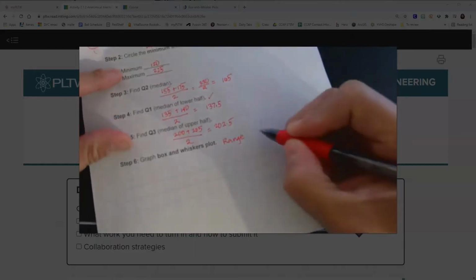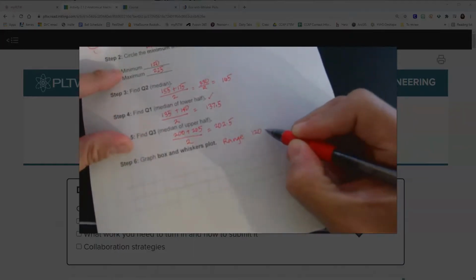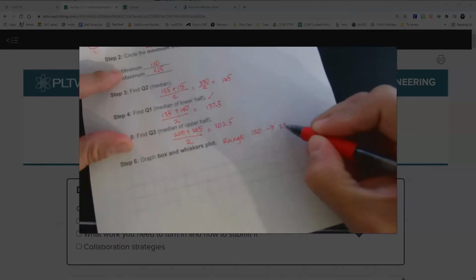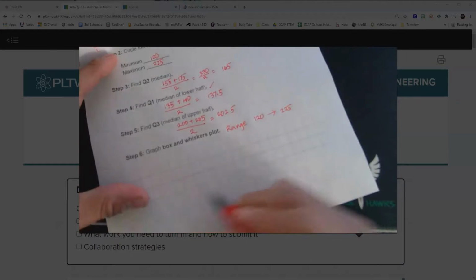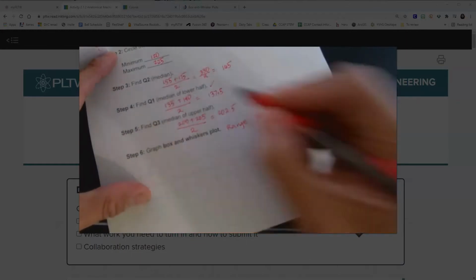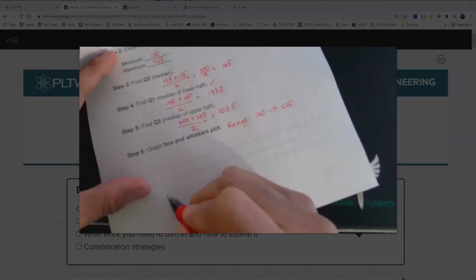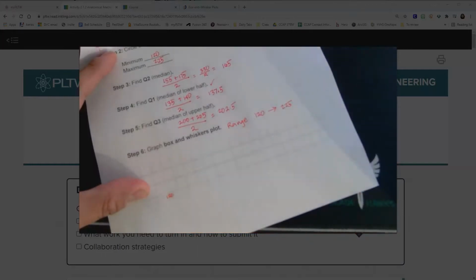All right, so let's write down the range, which is from minimum to the maximum. Our minimum number is 120 and then the maximum is 225. So we could start off our graph by plotting those numbers. So 120, I'll start here, and this time I'll go by tens instead of 5.